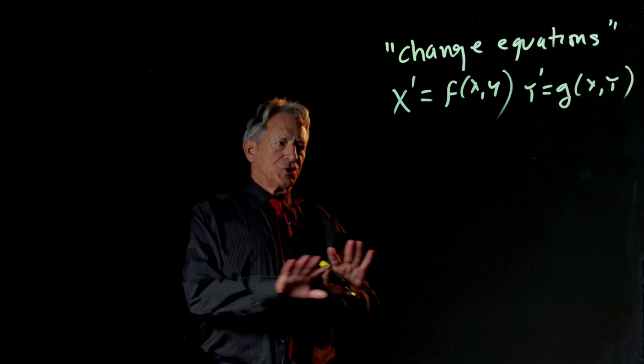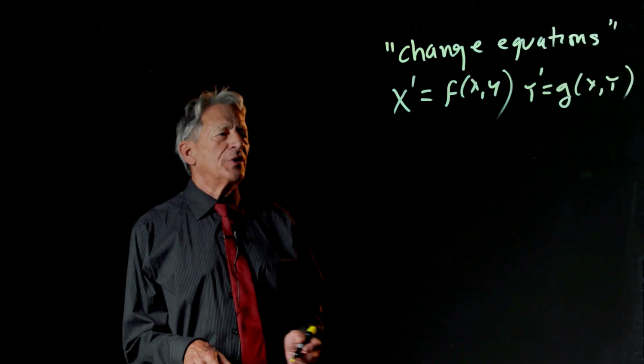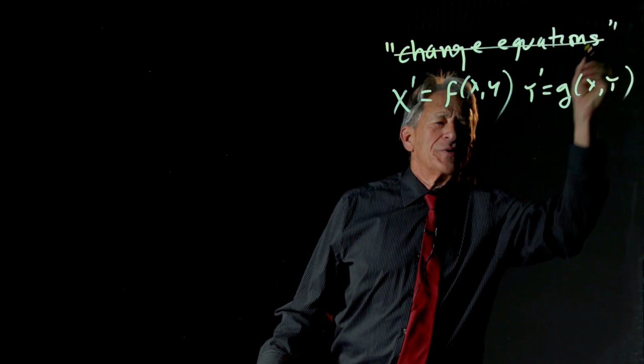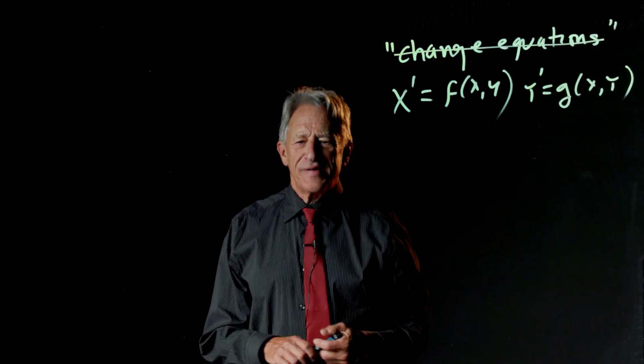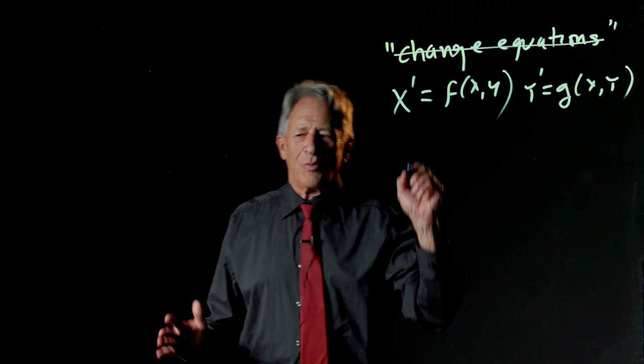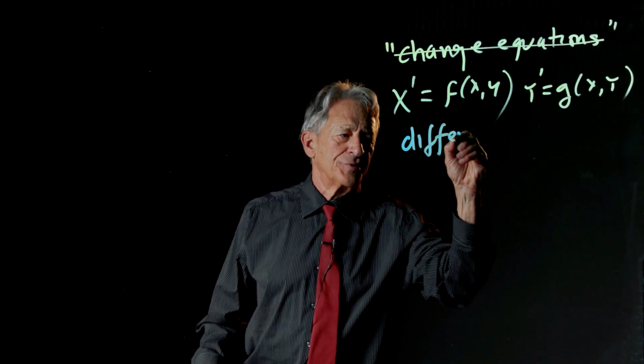And that's our change equation. Now, just to give you a little terminology, the official name is not change equations. These have an official, fancy, mathematical name, and we might as well use it. They're called differential equations.